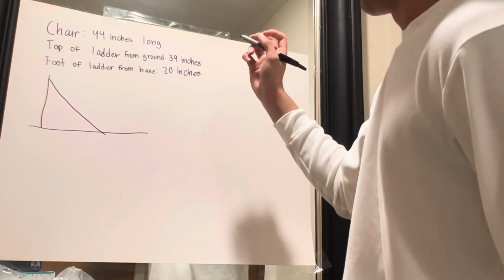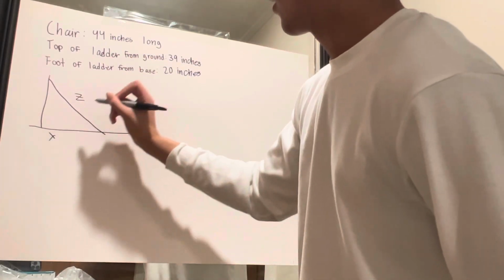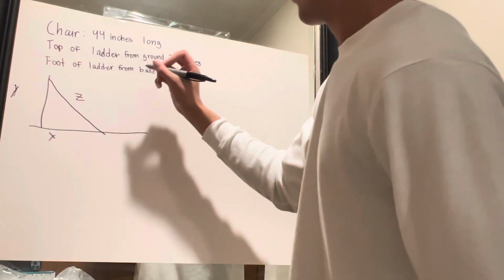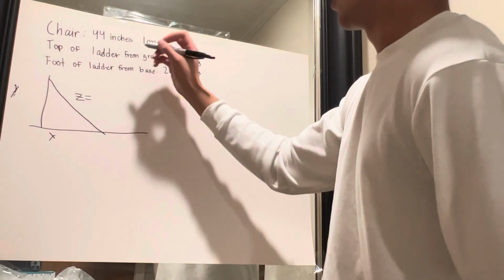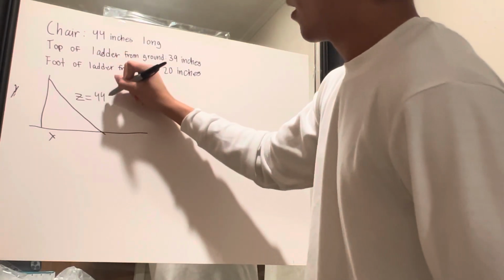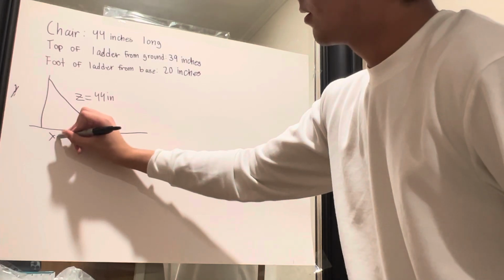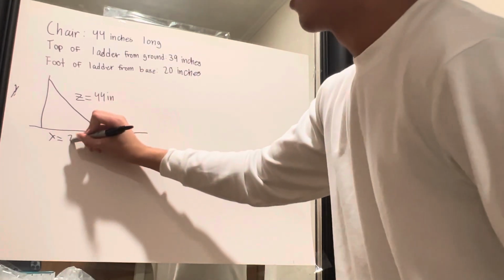So I'm going to use the variables z, x, and y. Okay, so then we know that z is the length of the chair, which is 44 inches. And then we know that down here, the base, x, is 20 inches.